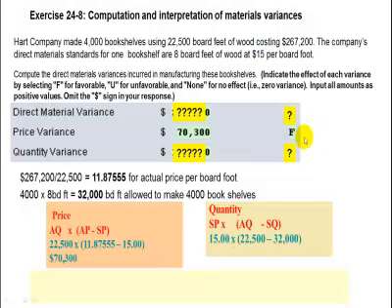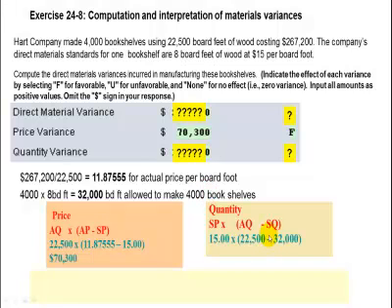The actual quantity that we used was 22,500 board feet. That's how many board feet we actually used to make 4,000 bookshelves. We're allowed to use 32,000 board feet based on this calculation. If you make 4,000 bookshelves and you're allowed 8 board feet for each bookshelf, then you're allowed a total of 32,000 board feet to make 4,000 bookshelves.